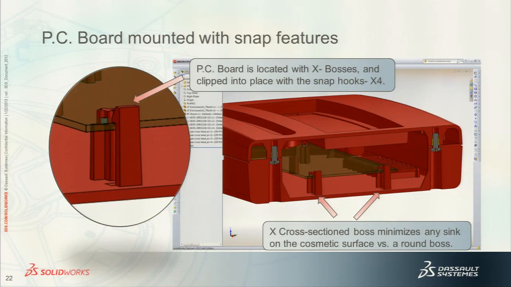And here is a close-up of the snap features. I'm using a snap hook here, plus a boss with a slight extension that will go through the mounting hole in the circuit board. Once I press the circuit board down, the snap hooks will engage the top surface of the board, and I don't have to waste labor time installing 4 screws.